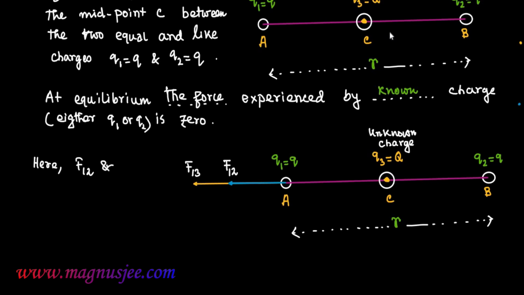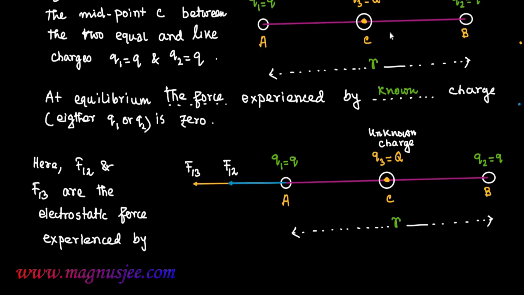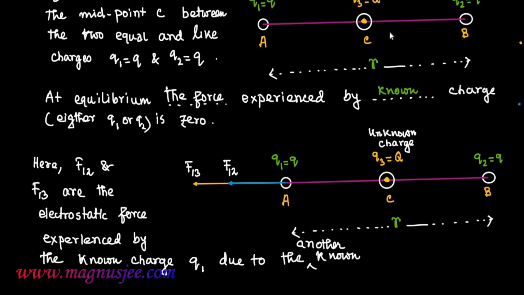F12 and F13 are the electrostatic forces experienced by the known charge Q1 due to another known charge Q2 and the unknown charge Q3.